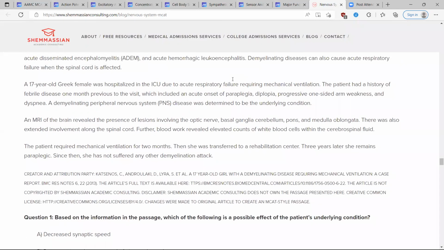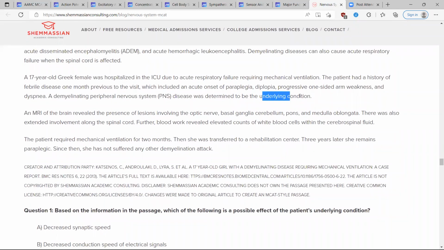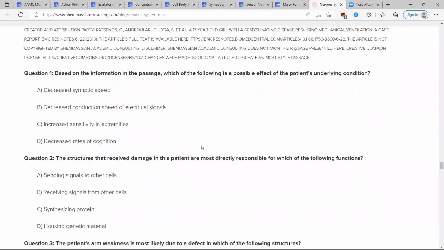So what was her condition? Her underlying condition is a demyelinating peripheral nervous system disease. Okay, so how do we break this down? We know that her disease is demyelination, or we can consider this to be a decrease in myelin, right?